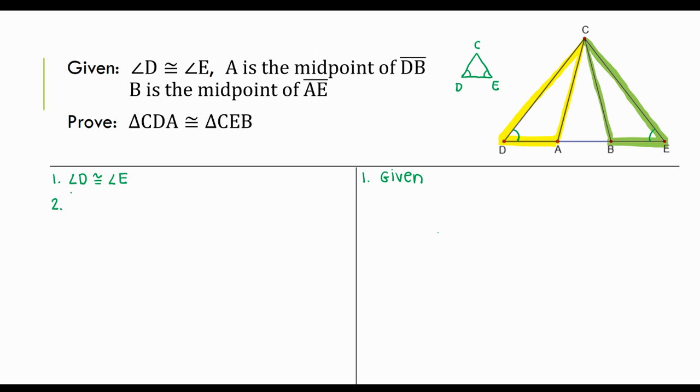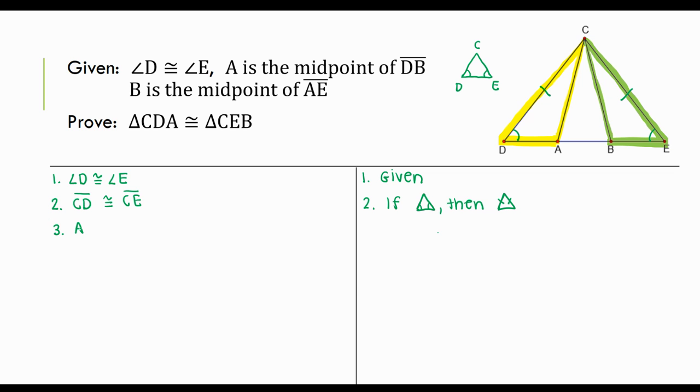So I actually know that the segment CD is congruent to the segment CE because of our theorem that if I'm starting with two angles congruent in my triangle, then I know that the two sides directly across from them are congruent. And notice that that's helpful information because those are sides that are also a part of the triangles I'm trying to prove congruent.